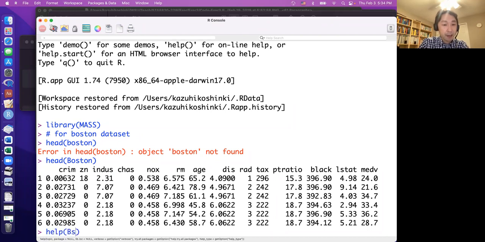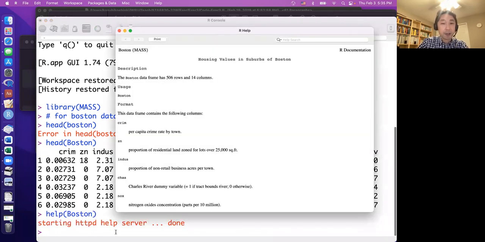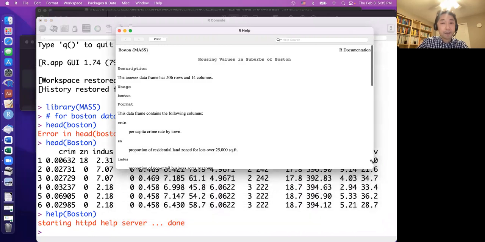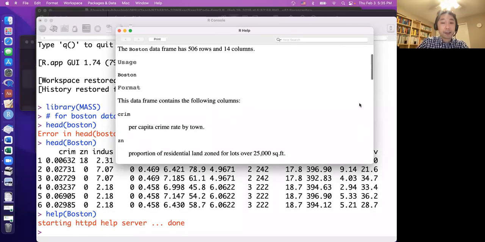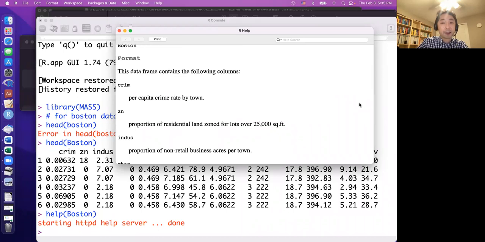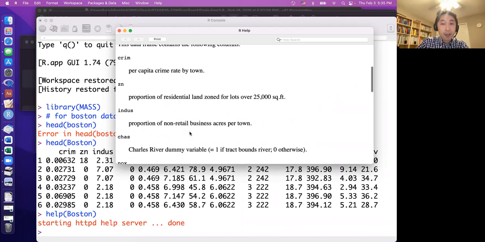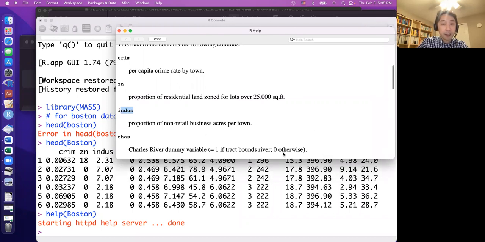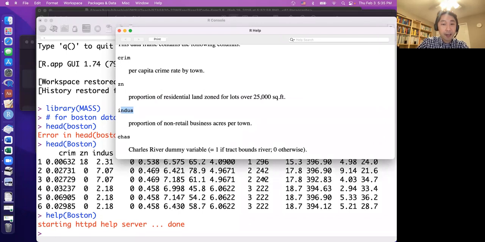You can see the exact description in this. Actually, ZN is the proportion of residential land zoned for lots over 25,000 square feet. INDUS is the proportion of non-retail business acres per town, and CHAS is the Charles River dummy variable, equal to 1 if the tract bounds the river and 0 otherwise.